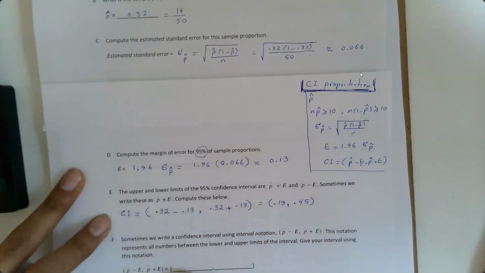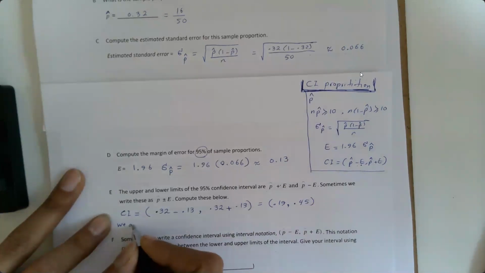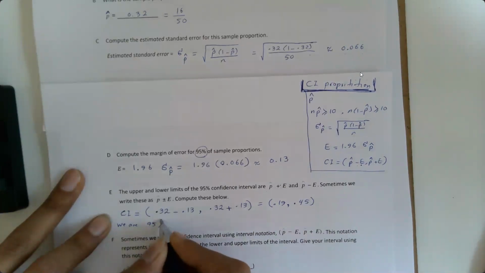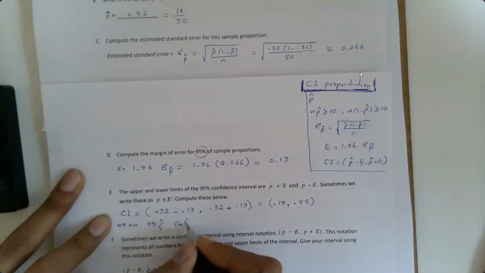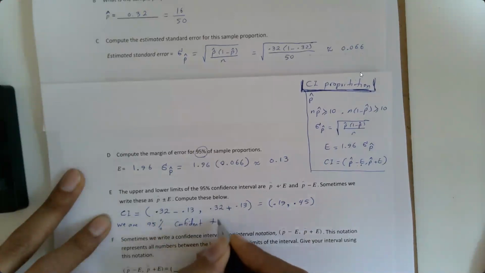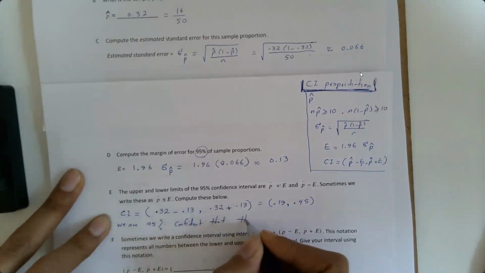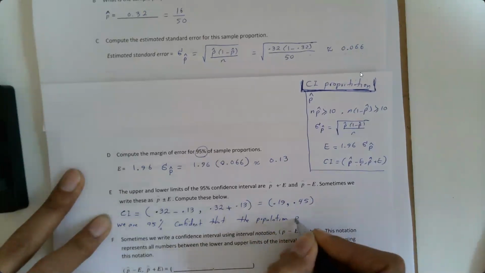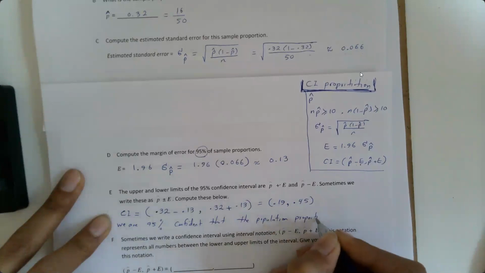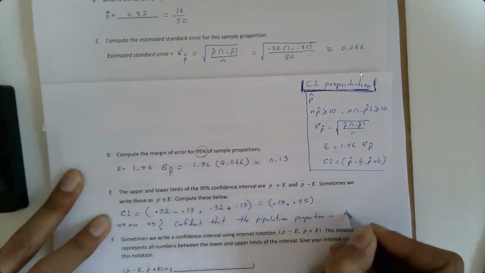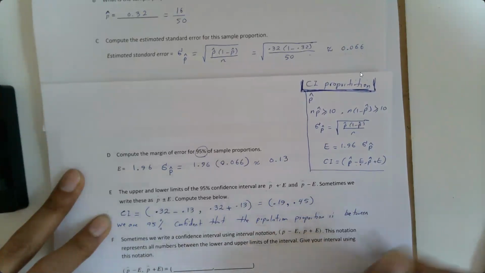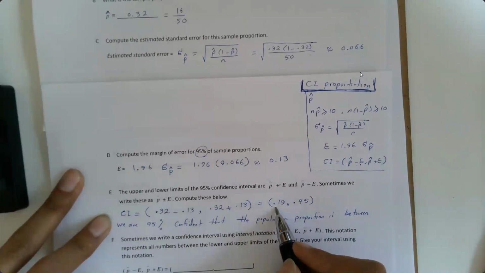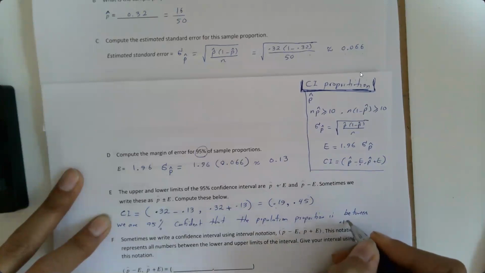It means that we are 95% confident that the population proportion is in between 19% and 45%.